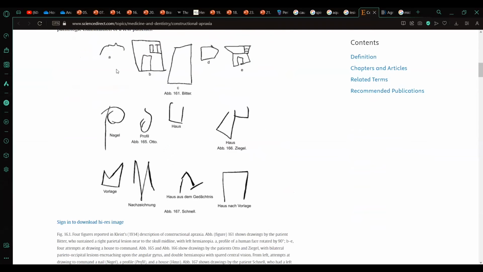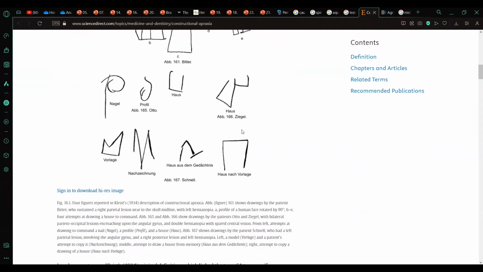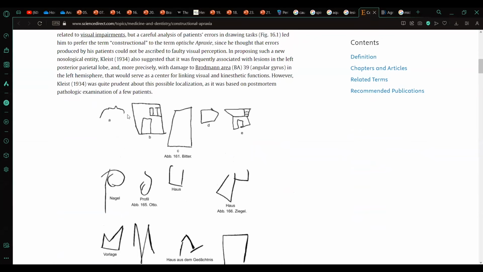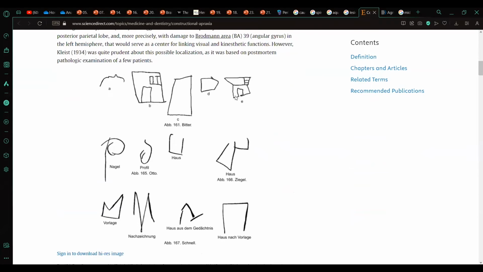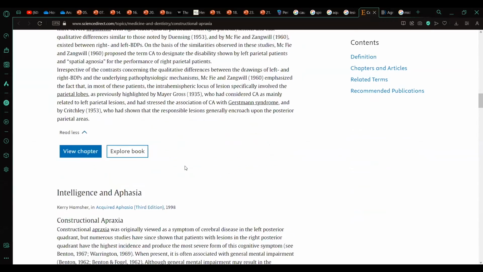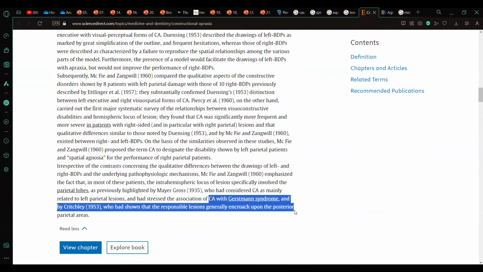As you can see, the patient is really struggling to replicate drawings that are presented to them. They aren't really able to draw a house. They aren't really able to draw buildings and stuff like that. And commonly, it will present with Gerstmann syndrome.